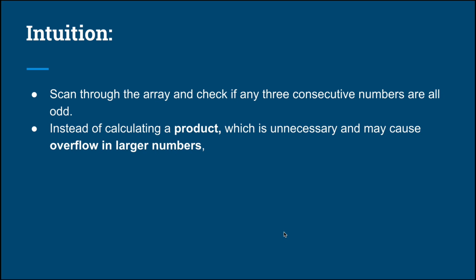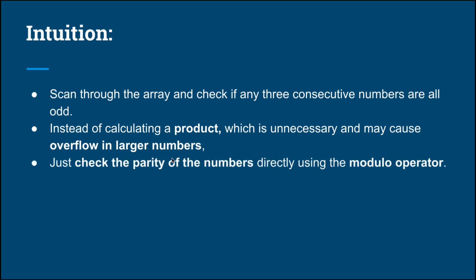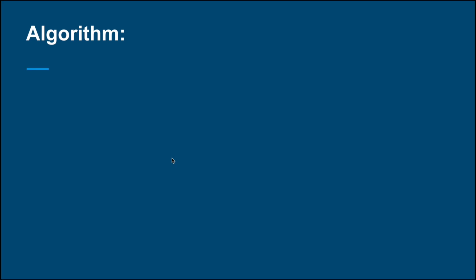But instead of calculating the product, which is unnecessary and may cause overflow with large numbers, we should just check the parity of the numbers using modulo. We slide through the array and check three numbers at a time.